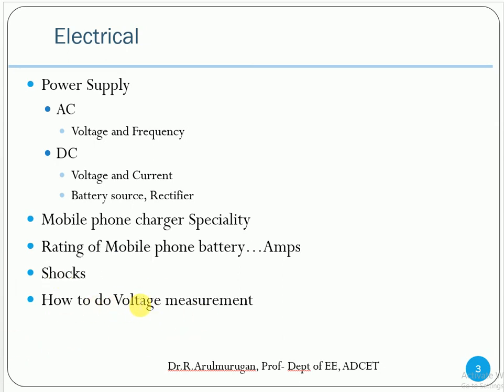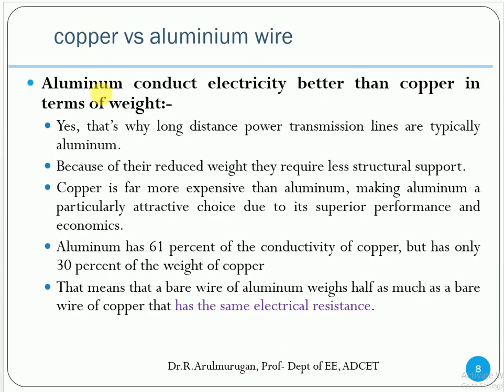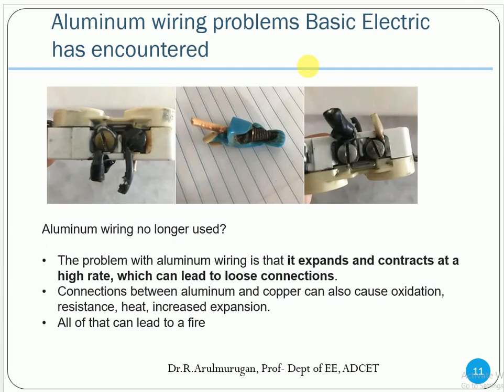Then voltage measurement. The voltmeter is connected to the phase and, with respect to the neutral, you measure the voltage. Like we have discussed about electrical, the next one is wiring. We discussed copper wire and aluminum wire. Why don't we use aluminum wire inside the home?